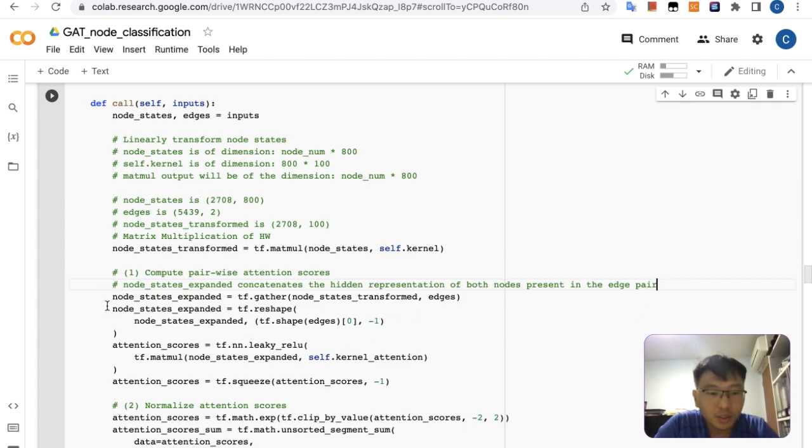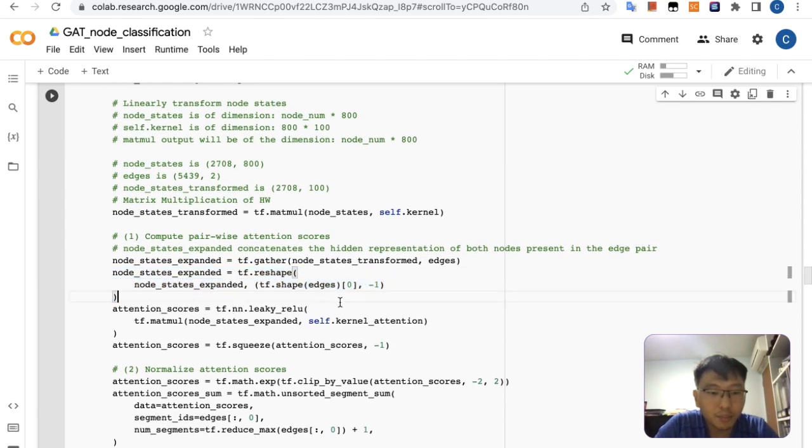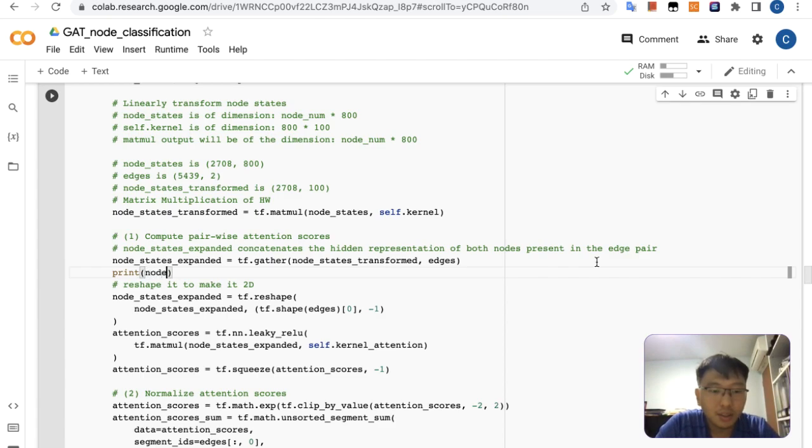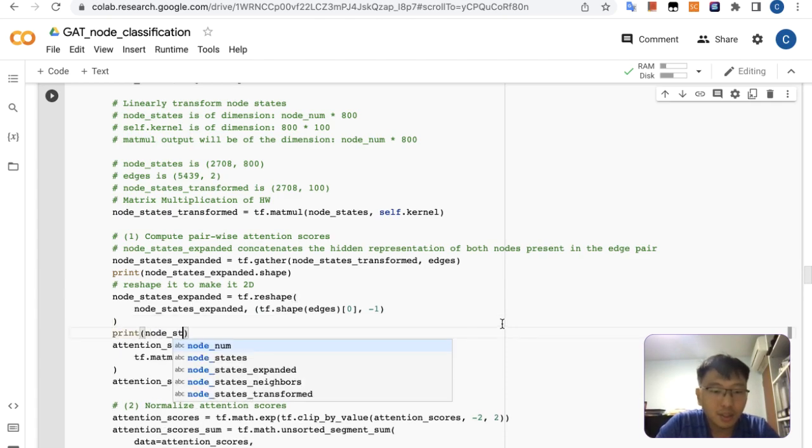Then when we do this, we reshape it with this tf.shape edges 0, and then -1. So we basically reshape it to make it two dimensional. Maybe what we can do is just print the states, to find out why we need to do this reshape.